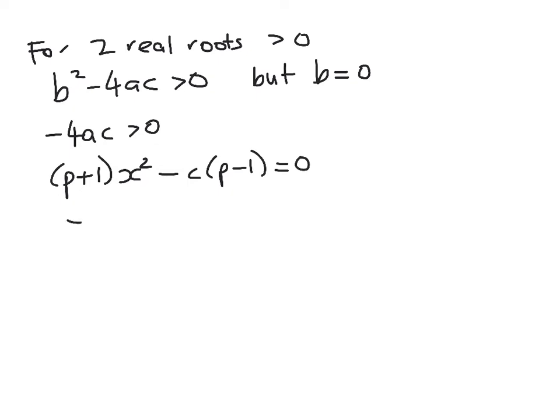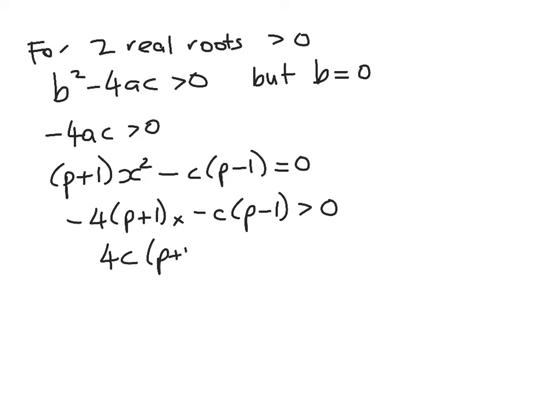Well, we've got negative 4 times p plus 1 times negative c times p minus 1 must be strictly greater than 0. So we have 4c times p plus 1 times p minus 1 is greater than 0.